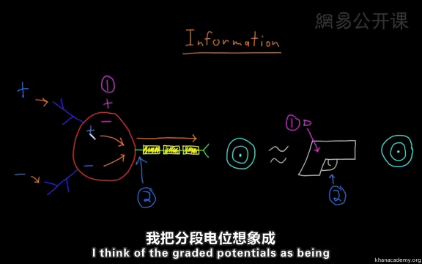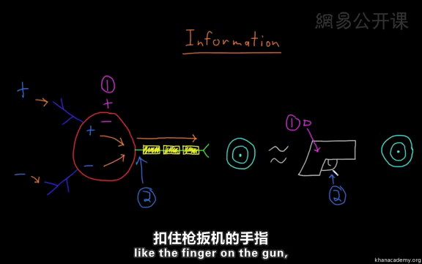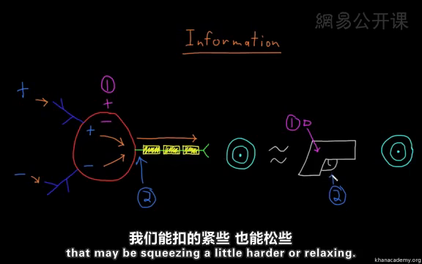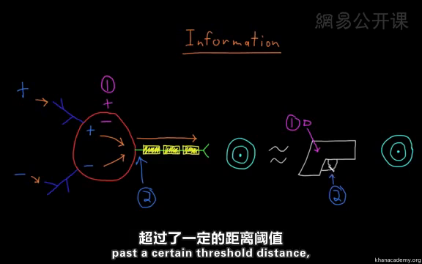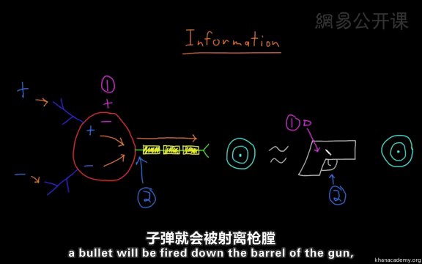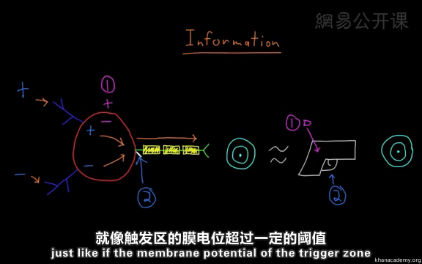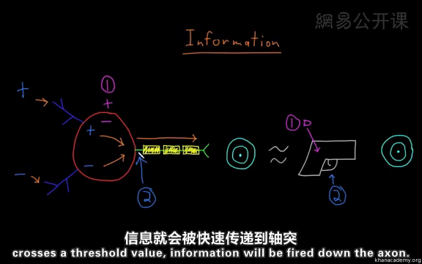I think of the graded potentials as being like the finger on the gun that may be squeezing a little harder or relaxing, but once the trigger of the gun is pulled back past a certain threshold distance, a bullet will be fired down the barrel of the gun. Just like if the membrane potential of the trigger zone crosses a threshold value, information will be fired down the axon.